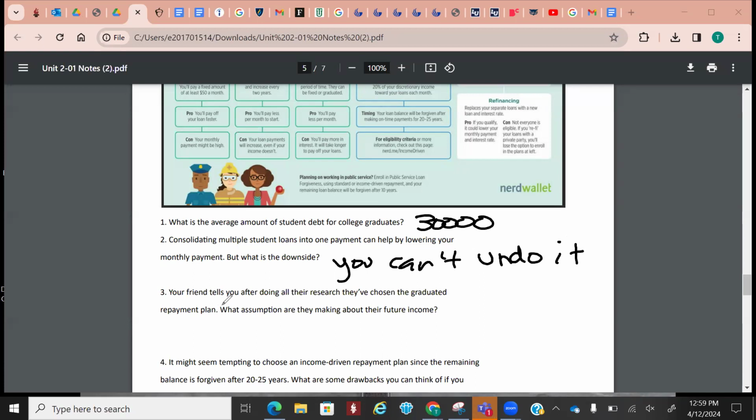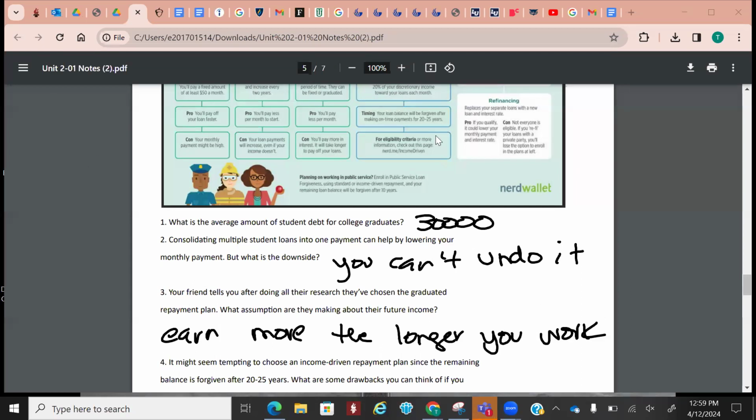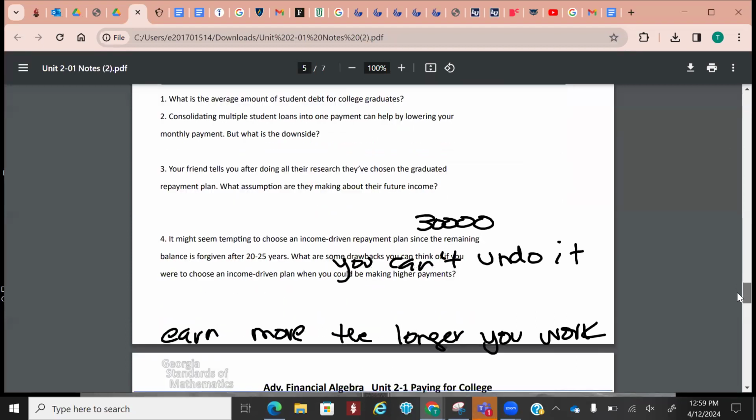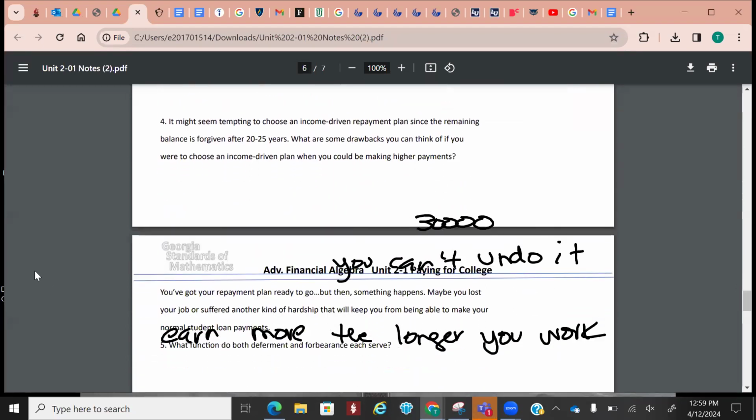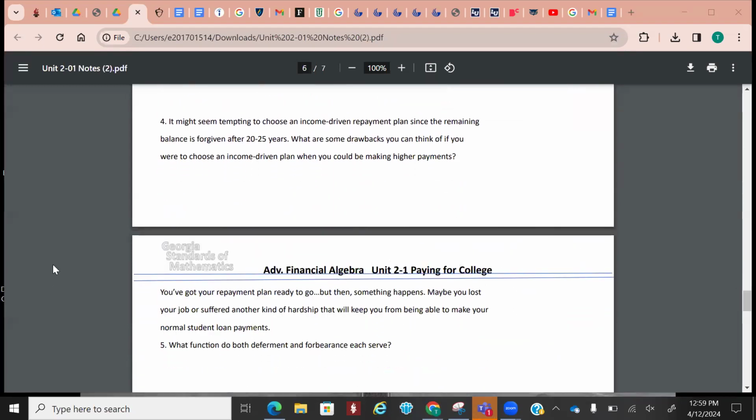Okay. Your friend tells you after doing all the research, they've chosen the graduated repayment plan. What assumption are they making about their future income? That you're going to earn more the longer you work. It might seem tempting to choose an income-driven repayment plan since the remaining balance is forgiven after 20, 25 years.